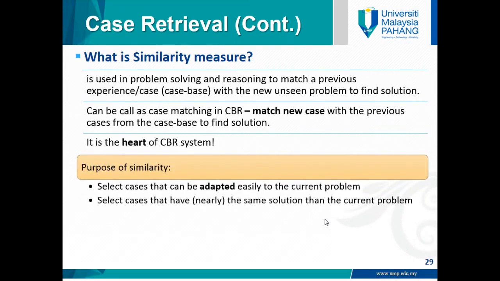So what is the purpose of the similarity measure? You already know that the similarity measure is conducted with the aim of extracting the same, if not quite similar, cases to the new problem from the case base. Conducting the similarity measure can lead us to adapt the solution of the retrieved cases.